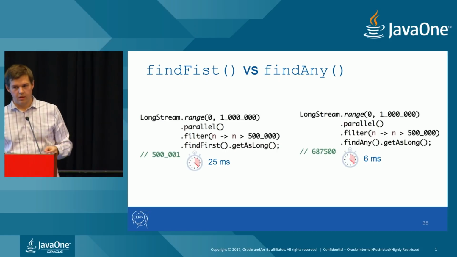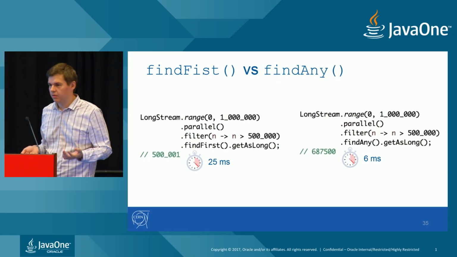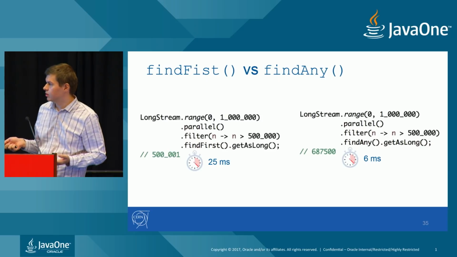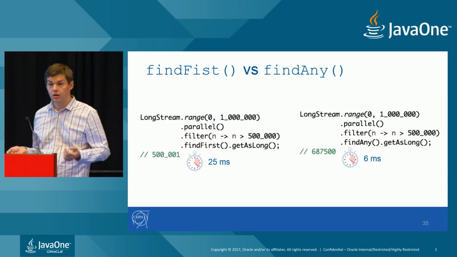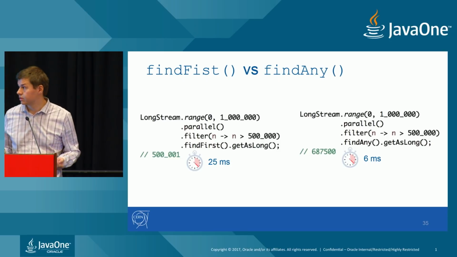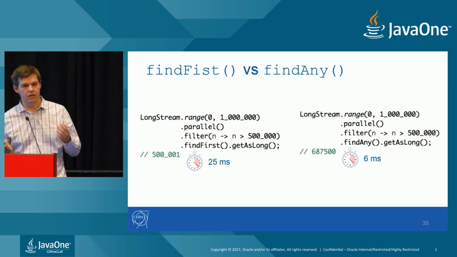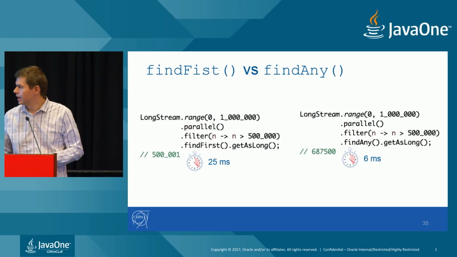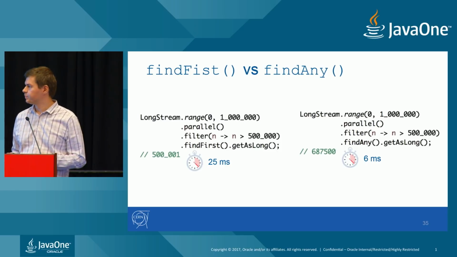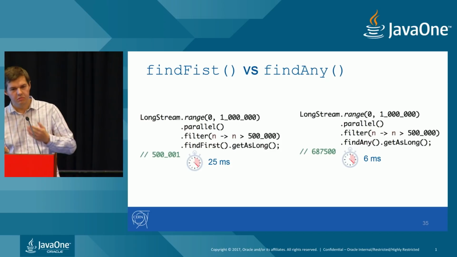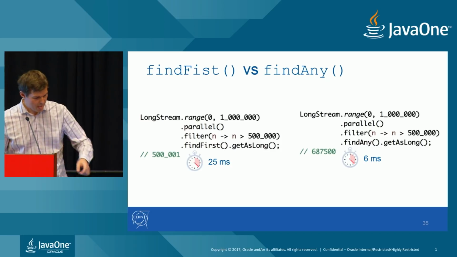However, if I don't care about the order and I'm interested in any, this is what I'm doing here. It's 4 times faster for us, but of course it returns an element that will be different every time you invoke it, depending on how long you keep invoking it. So again, unordered and findAny can also be your friend.